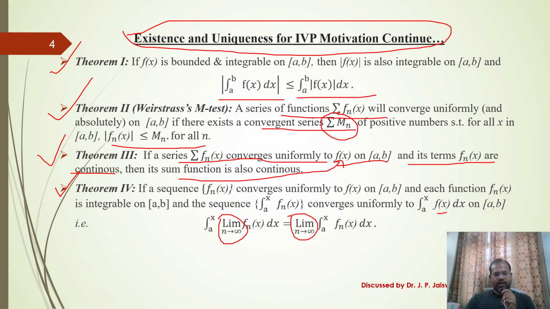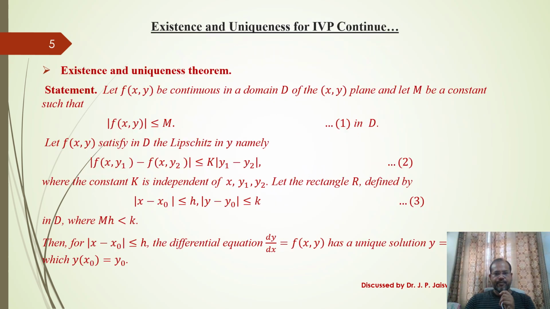This is the limit of fn(x), and converging uniformly means you are taking the limit as n goes to infinity. If you take the limit outside or inside the integral, both are the same, when fn(x) is converging to f(x) uniformly and each function fn(x) is integrable. So we will use these four very, very important theorems in our coming proof.